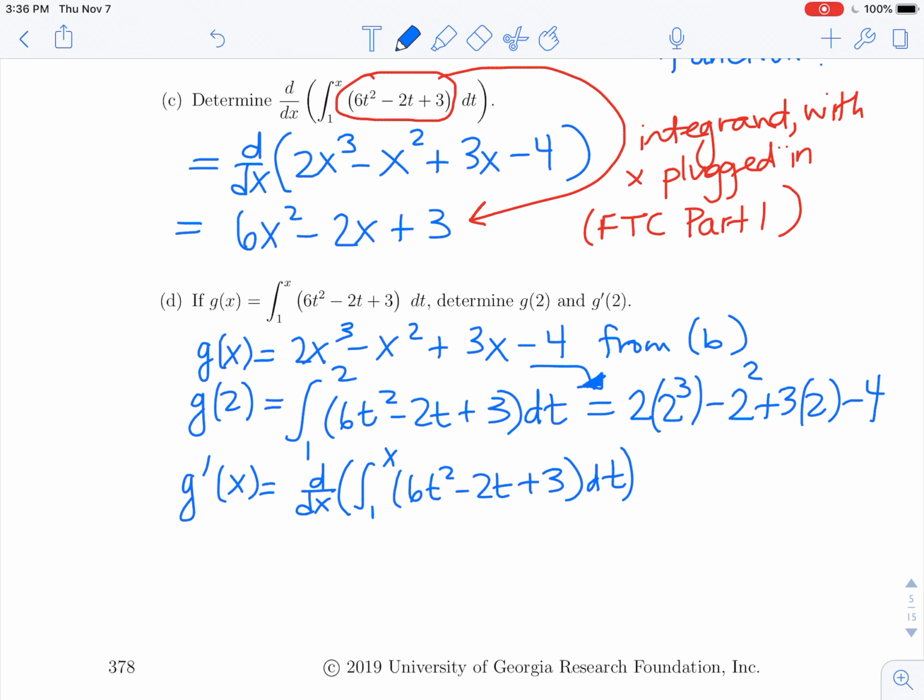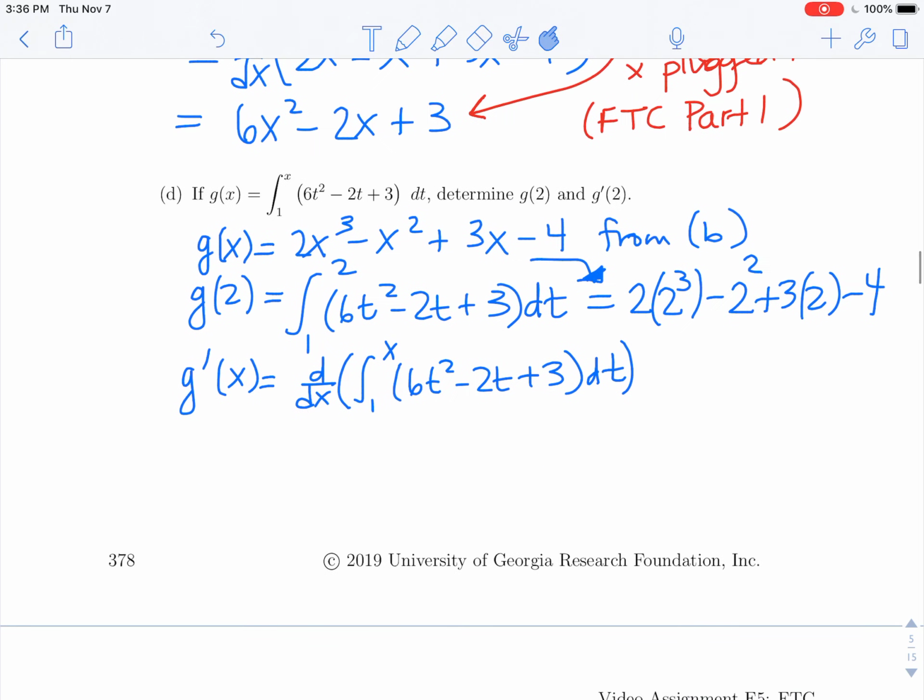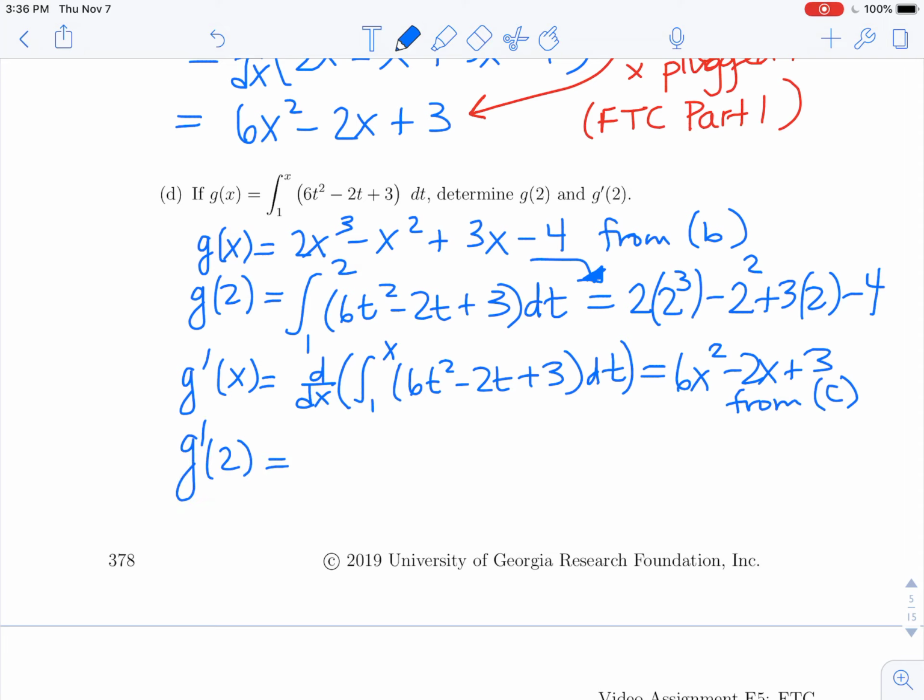And we already worked out the derivative of the integral function, and we got 6x squared minus 2x plus 3 from part C. And so g prime of 2, we can go ahead and plug into that g prime that we worked out in part C. So 6 times 2 squared minus 2 times 2, and then plus 3.